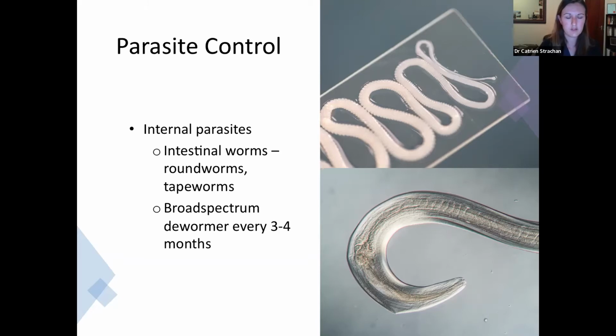We usually just recommend that one uses a broad spectrum dewormer for an adult dog. I would say about every 3 to 4 months should be sufficient. Puppies sometimes need deworming a bit more often, perhaps once every month, once every 3 weeks. But usually in an adult dog, every 3 to 4 months is fine.